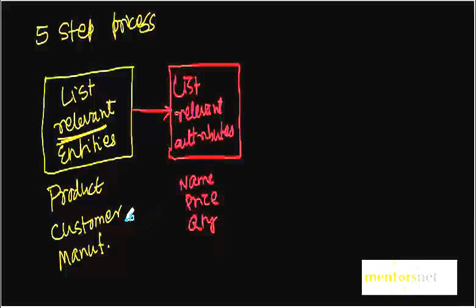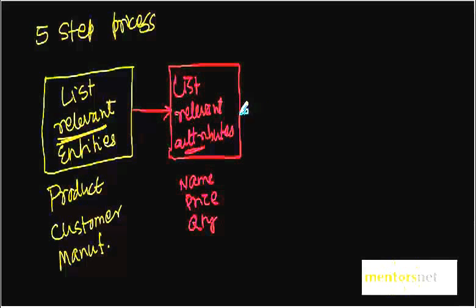Similarly, for a customer, we might have a customer name, customer address, customer email address, and so on. Essentially, these attributes are properties of the entity. So list all the relevant attributes. This is brainstorming: just figure out what is there and what is supposed to be kept, and always keep track of the context of the application you are trying to build.